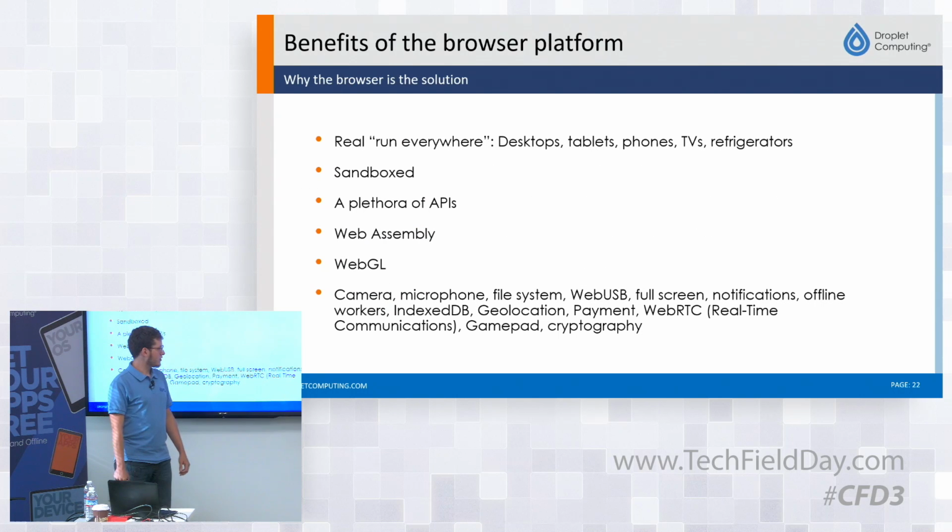Okay, so let me quickly talk about the browser platform and why we chose it. The two most important pieces of the browser platform that came along rather recently are WebAssembly and WebGL. Those are the new APIs that browsers provide for us to run our container in a browser, which you would not usually think to be a platform to build this container technology in.